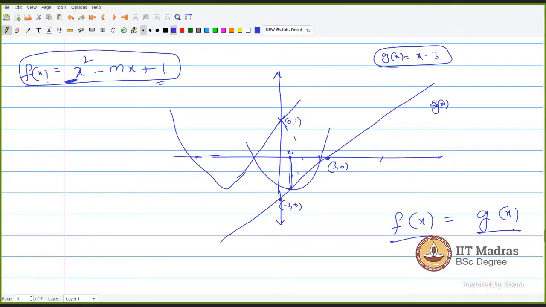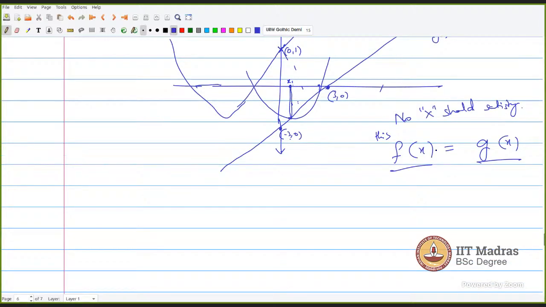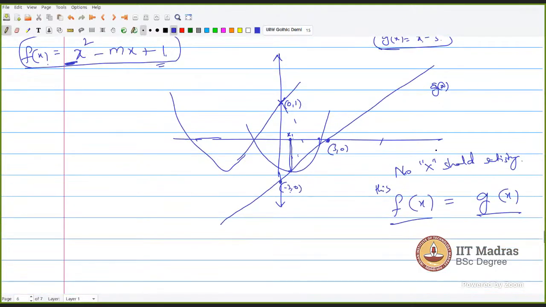Ultimately, what you have to get from the data is that no x should satisfy the condition that f of x equals g of x. If this is happening for some value of x, that means at that value of x the graphs are intersecting or touching. So that is what we don't want.